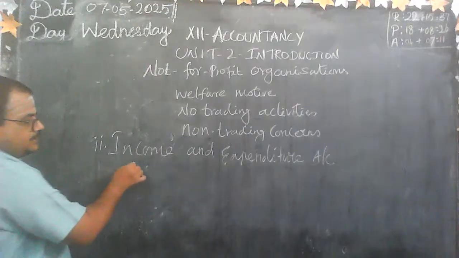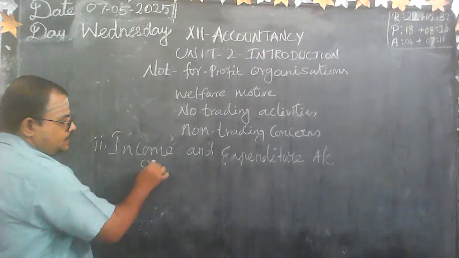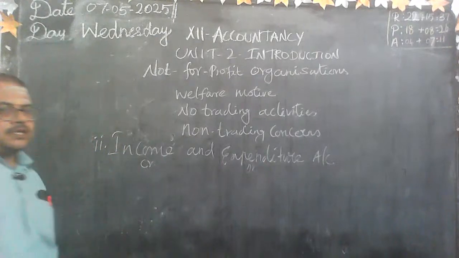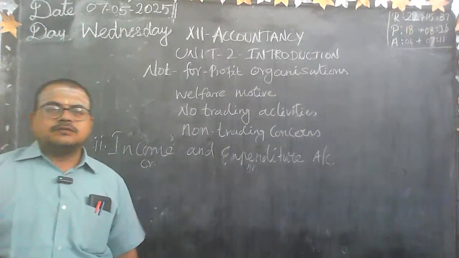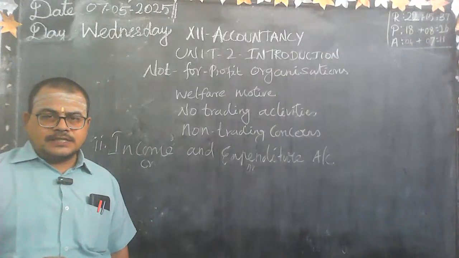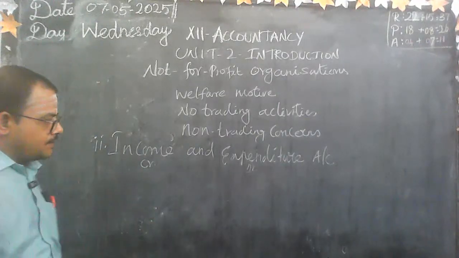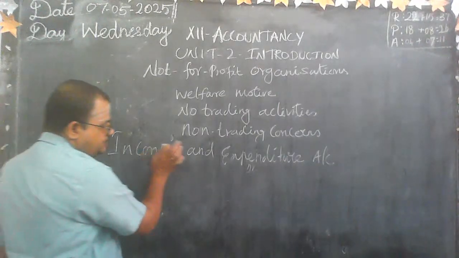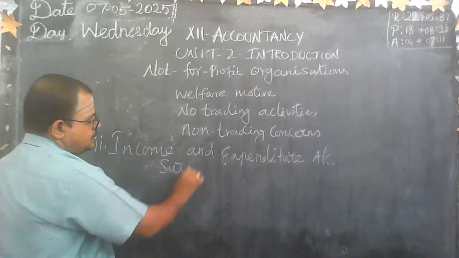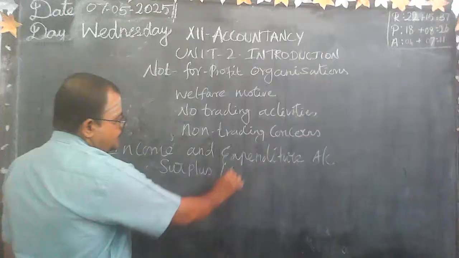So income at credit side, expenditures at debit side. The purpose of the income and expenditure account is to find out surplus or deficit.